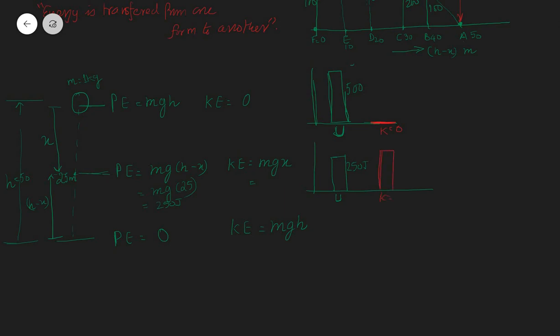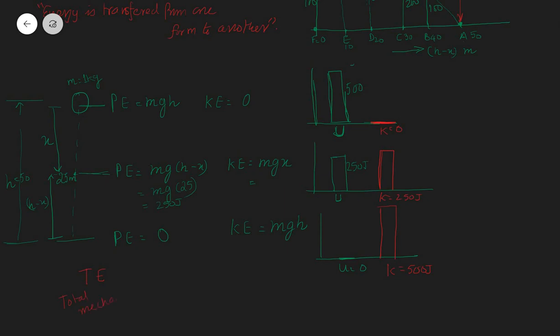K is again 250 joules in this case, so they add up to 500 joules. And at this point your u is 0 and your k is 500 joules.